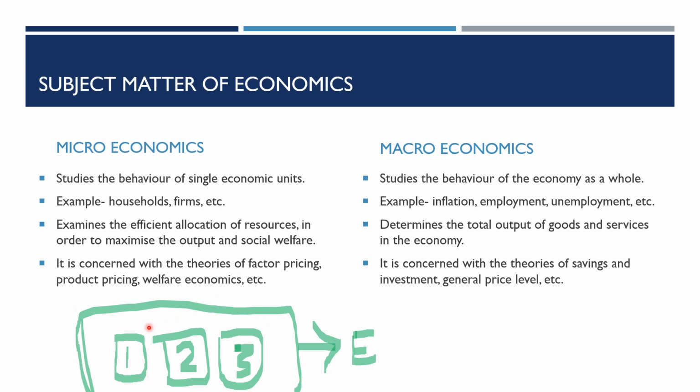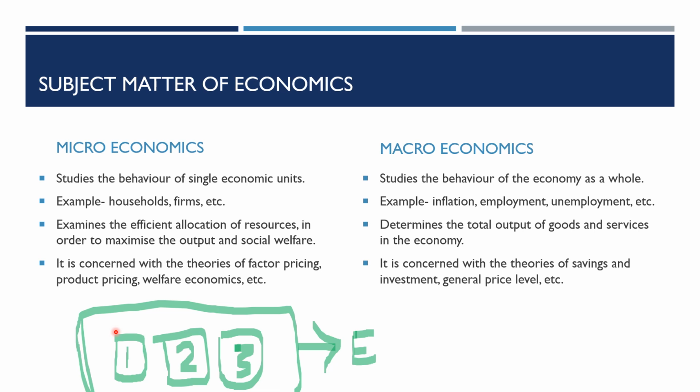For example, you're studying just one firm, or one or two firms, or just one industry, and you're saying what the entire economy has to be doing. So based on your observation of a single economic unit or units, you're passing judgment for the entire economy.